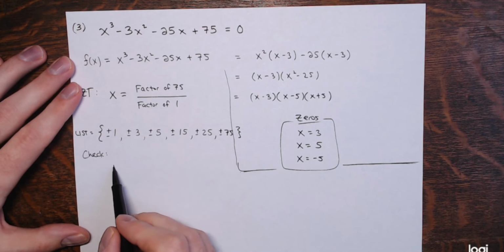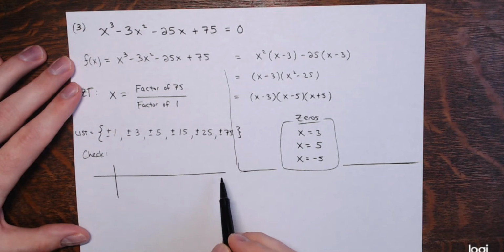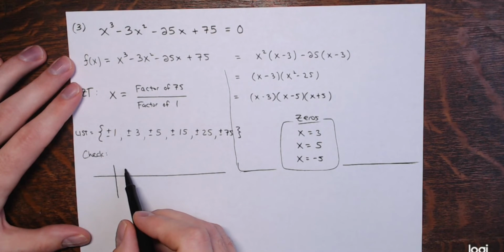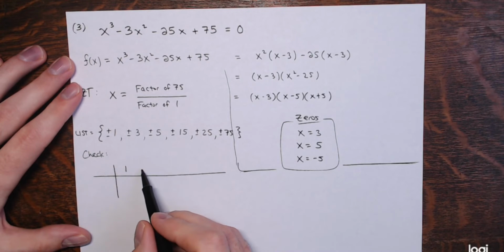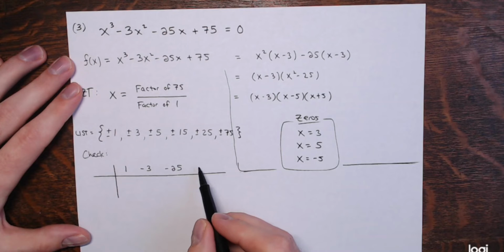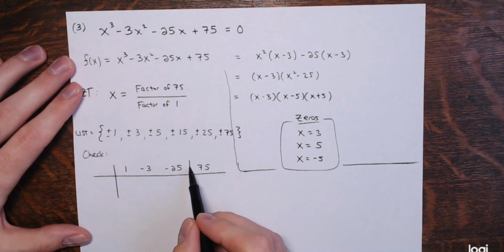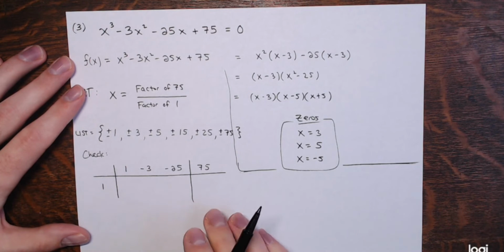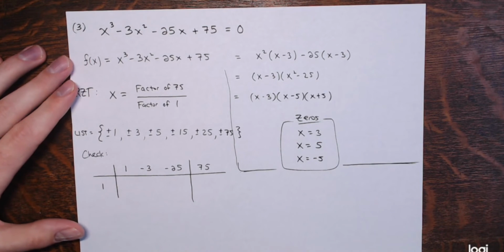And I'm going to check with synthetic division. So up top here, the coefficients of the polynomial, 1x cubed, negative 3x squared, negative 25x to the first, positive 75 for the constant term. Now if I were to plug in 1, I'll just go to one of the numbers that we know works.